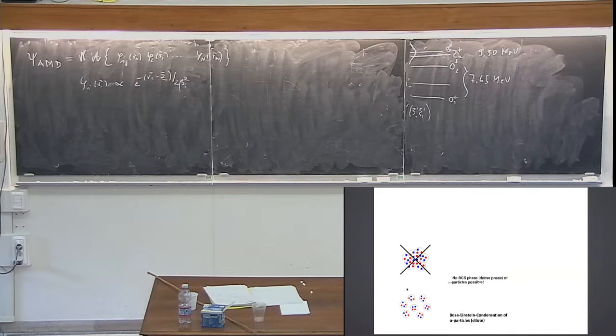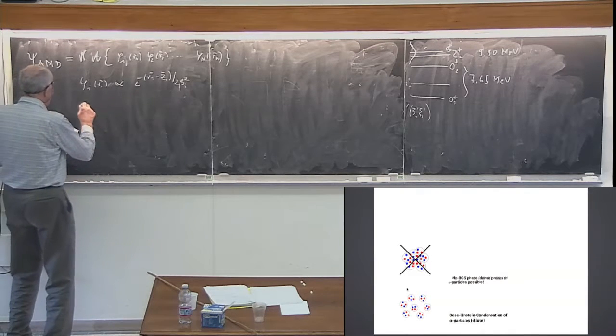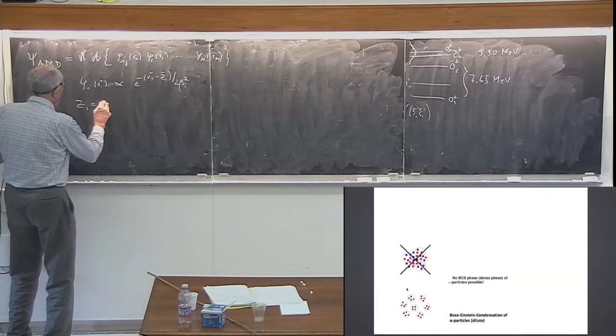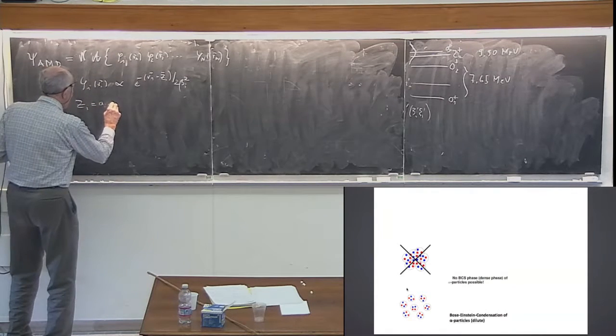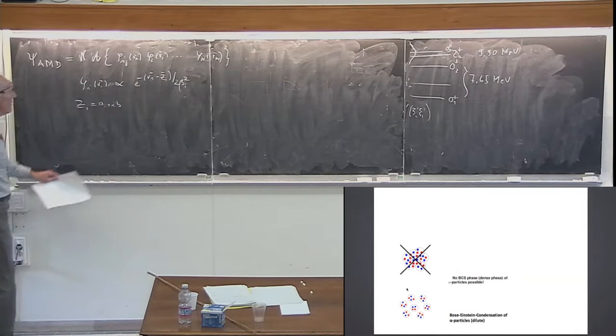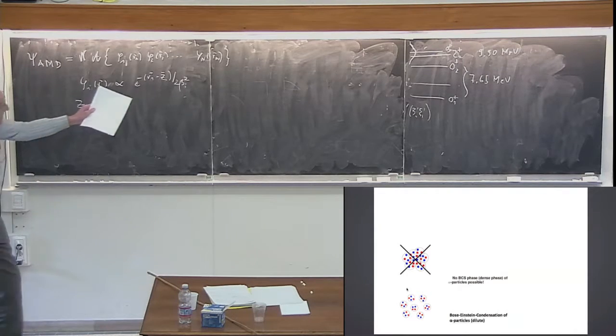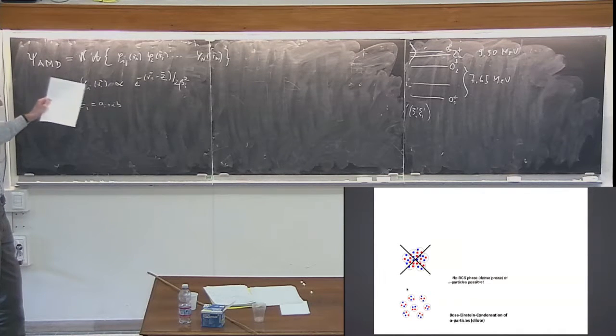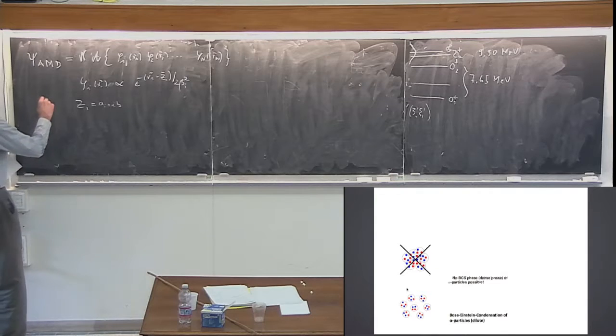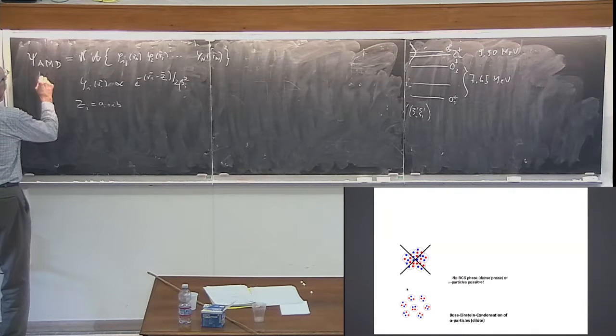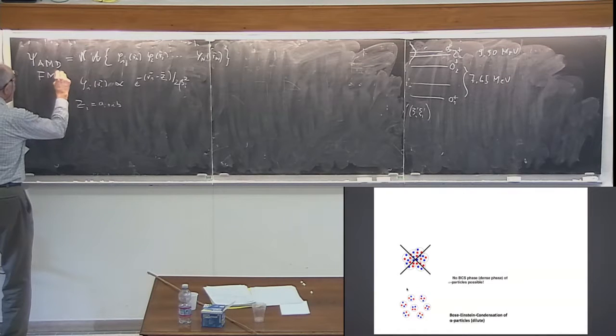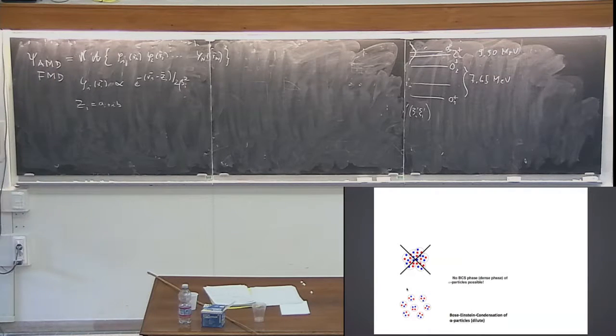So these Zi's are actually complex numbers, Zi's are Ai's plus i times Bi, and if the betas, the widths, are real, this is called AMD. If the widths are also complex, this is called fermionic molecular dynamics. So AMD was essentially invented also by Horiuchi. FMD was invented by people from Germany in Darmstadt, Feldmeier and Neff.